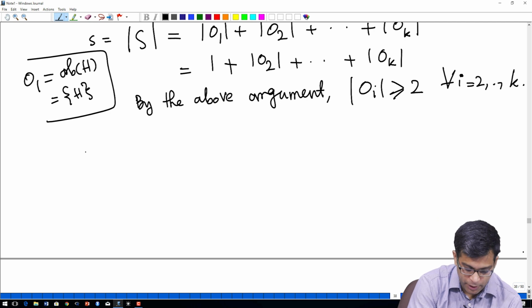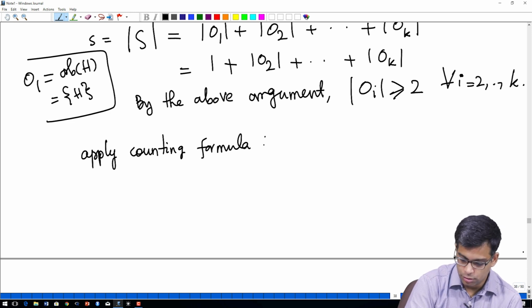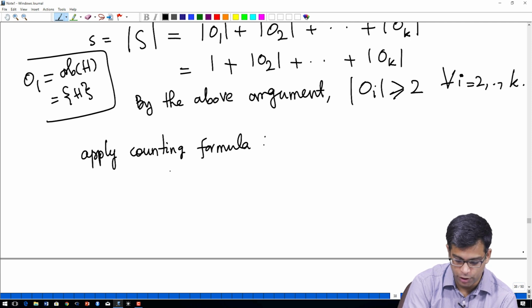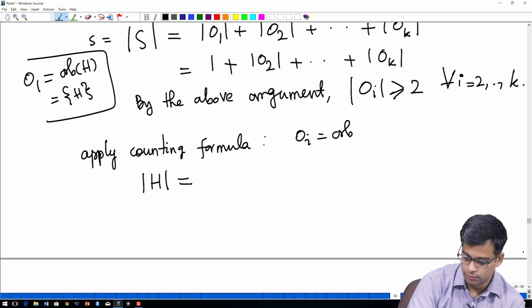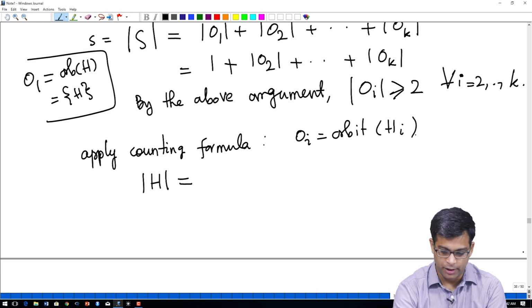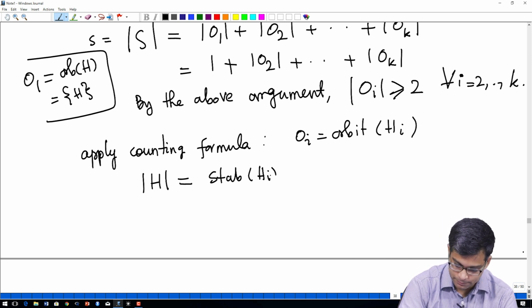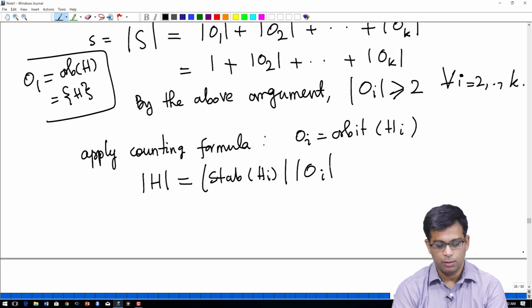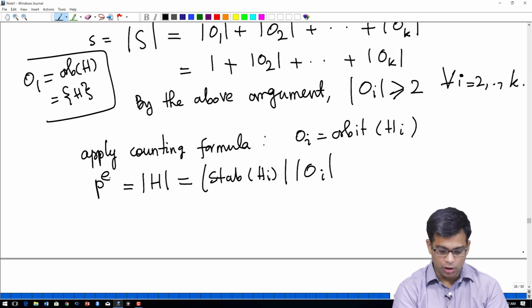But now, apply the counting formula. Here we are looking at the H action. Let O_i be the orbit of H_i. The counting formula says the order of H is the order of the stabilizer of H_i times the size of O_i. But what is the order of H? H is a Sylow p-subgroup, so the order of H is p^e.